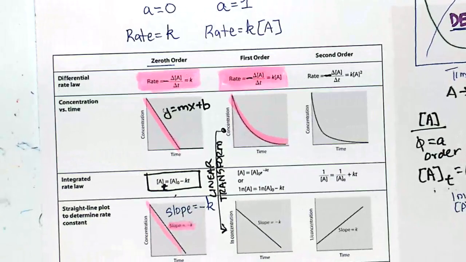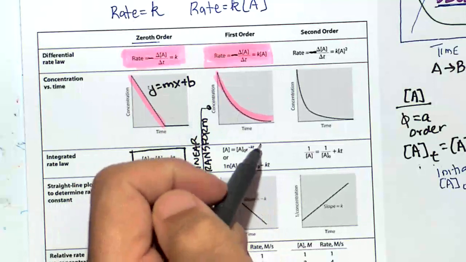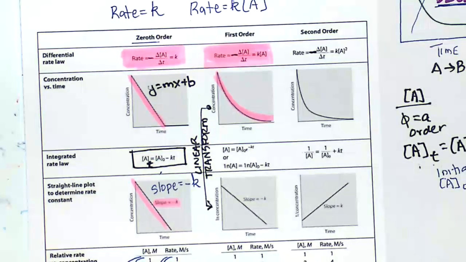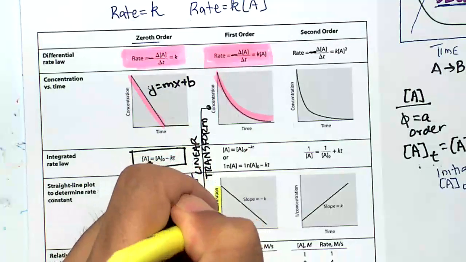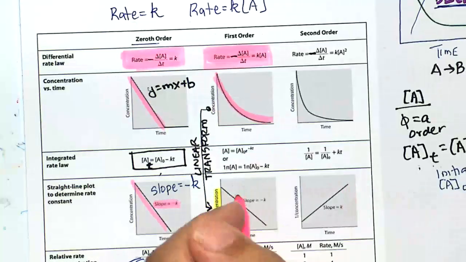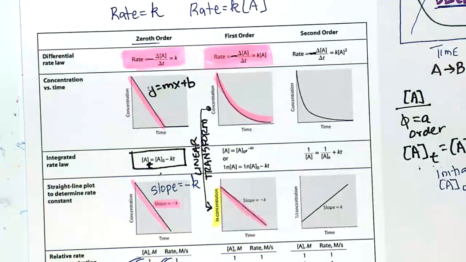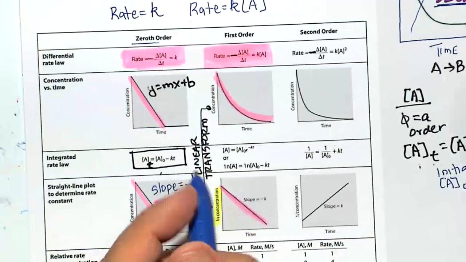How will we convert this to a line? Instead of plotting concentration over time, we will take the natural log of each concentration. Plotting the natural log of each concentration over time, we get a nice straight line. And a nice straight line is nice because it's just simply y equals mx plus b with the slope equal to minus k.